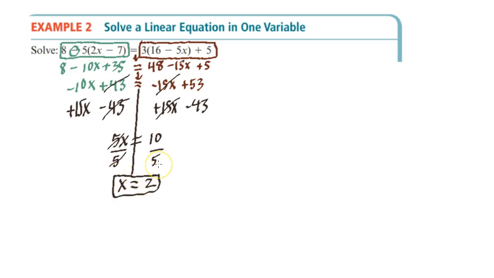I didn't mention this in the previous video, but it's always good to check your work. And I'm going to do that here. To check your work, you take your solution and plug it into the original equation. So I'm going to take x equals 2, my solution, and check it by plugging it into the equation. I'm just going to write down the original equation to show you that's what I'm doing.